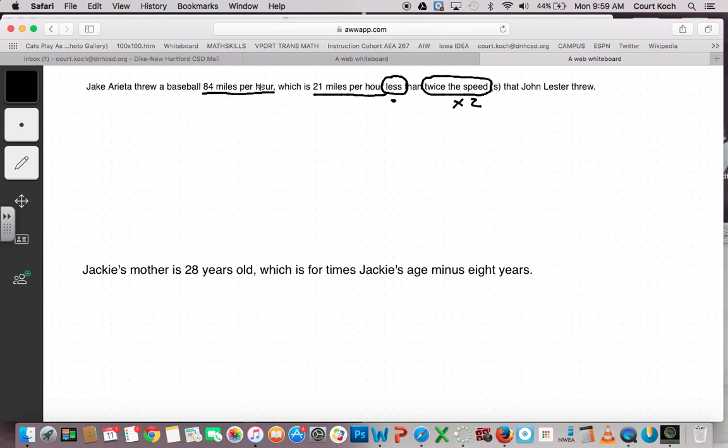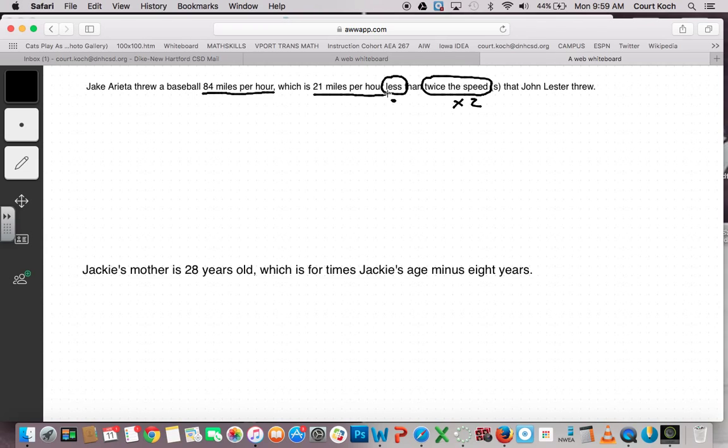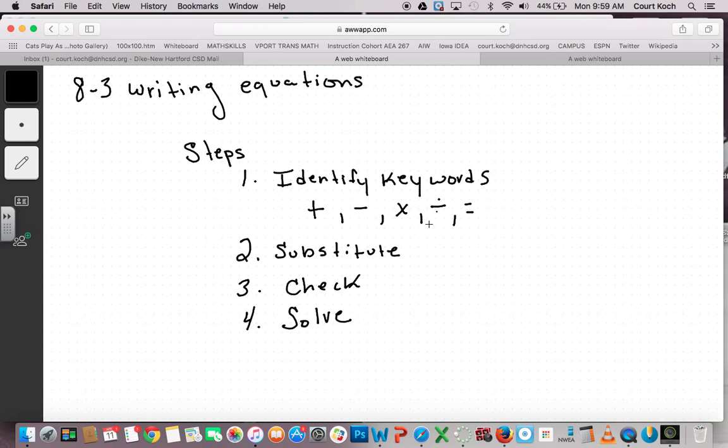Well, this seems easy. I've got 3 numbers now and an operation. But now, after I've identified those keywords, I'm going to substitute and create a problem. We missed one. Every equation's always going to have an equal sign.